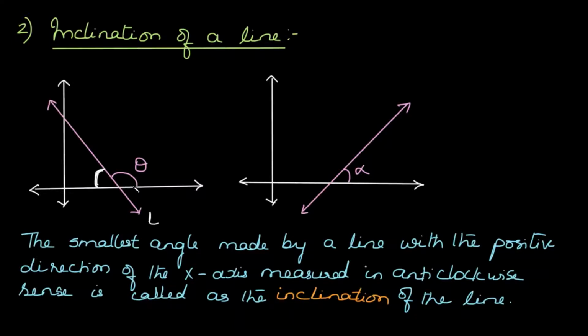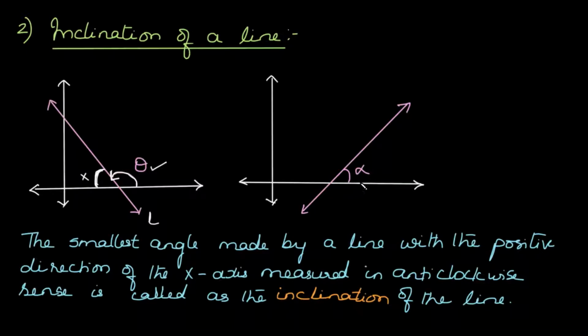So which one is the inclination? Yes, we take the angle made by the line in the anti-clockwise direction with the x-axis. That means this is the inclination of the line, because this angle is measured in the anti-clockwise sense. So therefore this angle theta is called the inclination of the line and not this angle.